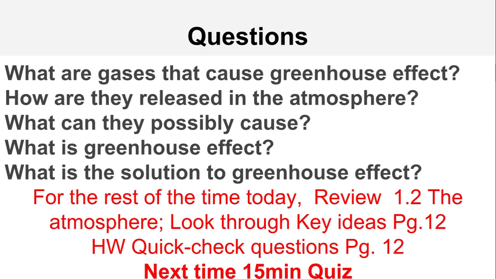But on Friday, you are going to have a 15-minute quiz concerning the atmosphere and its pollution. And I want you to concentrate in reviewing the composition of air, the uses of the gases of the air, the method of separation of gases, and pollution.